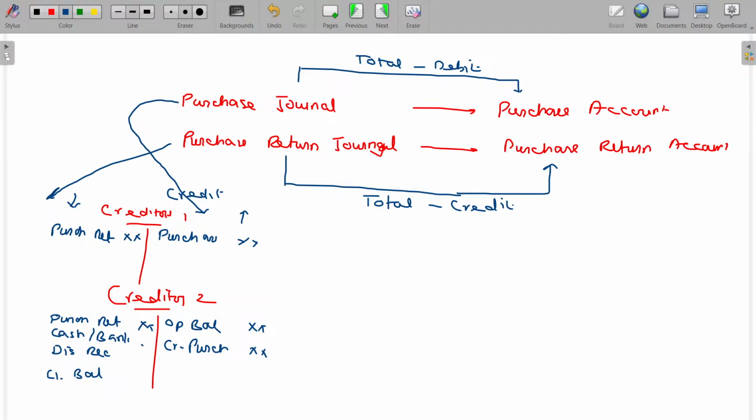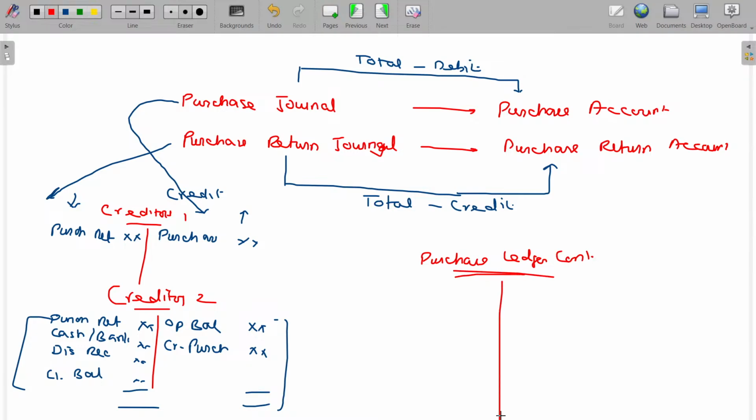These are the items that will come here predominantly. Hope you will be able to understand this. You may also need to understand the preparation of the ledger control, the purchase ledger control account.